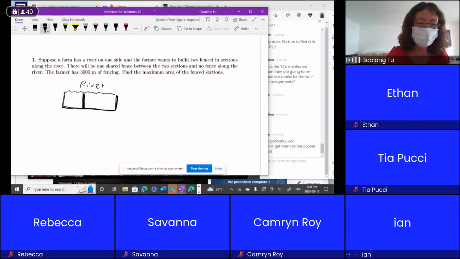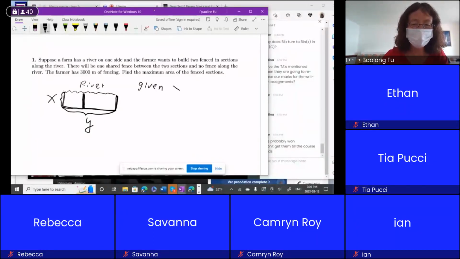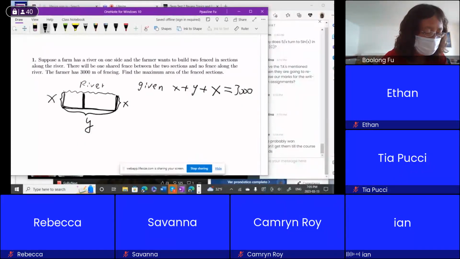Okay, so based on this graph, let's say this is X and this is Y. So you are given X plus Y plus X, because this is also X, equal to 3,000. I have a question. Yes. One of the online assignments was similar to this, but it had a third X because of that divide.